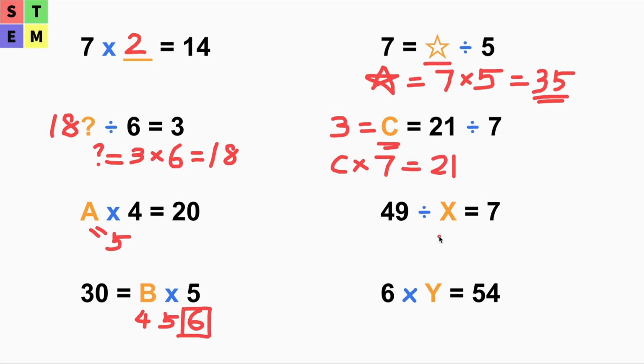All right, now let's take a look here. 49 divided by X equals 7. We need to find X. So it's actually 49 equals 7 times X. So what's the X so that we can get 49?